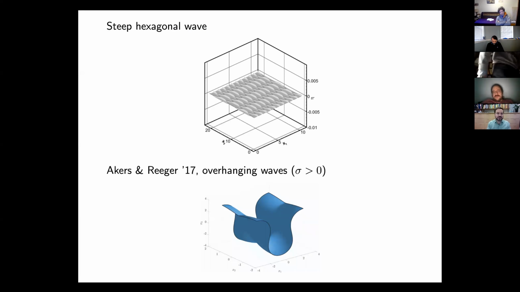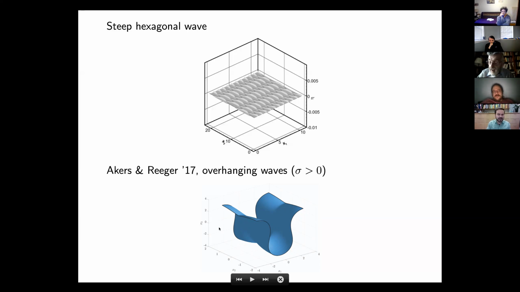Okay, so another thing you could look at is if you include surface tension, then we of course expect that the large amplitude behavior should be different, and that you should be able to get overhanging waves. So there has been some nice recent numerical progress on this by Akers and Rieger. So they used, well, boundary integral methods to produce these type of waves.